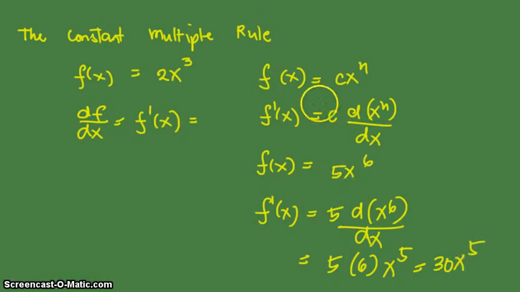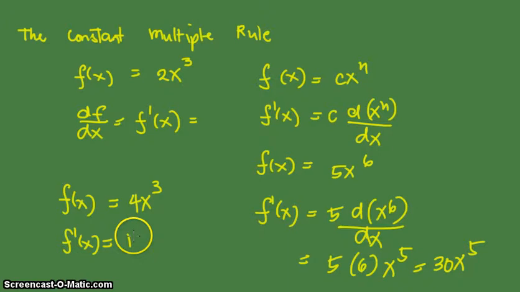Now if you look at it, the constant multiple rule is the same as multiplying the exponent with the constant. So 6 times 5 is equal to 30, and you have x to the 5. So the next time you see a function, for example, 4x cubed, then the derivative of this will be 12, that's 3 times 4, then x, remember to subtract 1 from the exponent, so this will be 2. Okay?